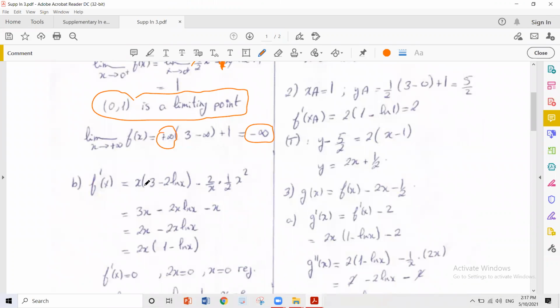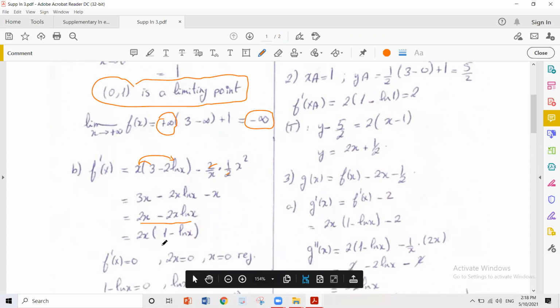So this is u prime v minus v prime u. Expand: 3x minus 2x ln x, minus x, equals 2x minus 2x ln x. So we take 2x common, 1 minus ln x.